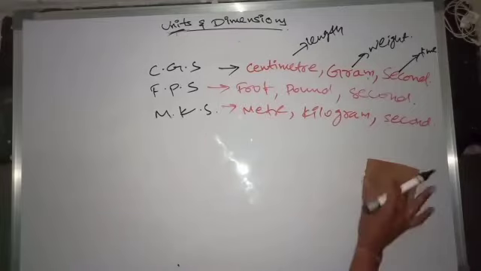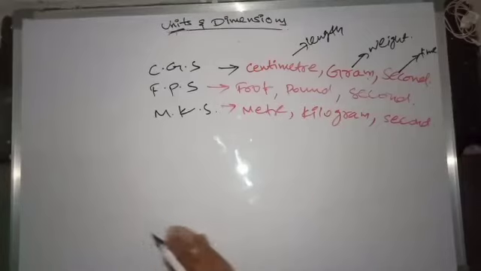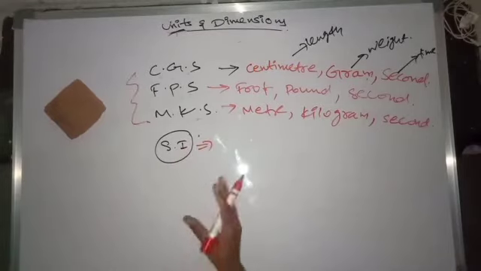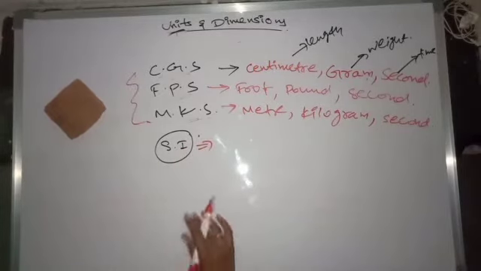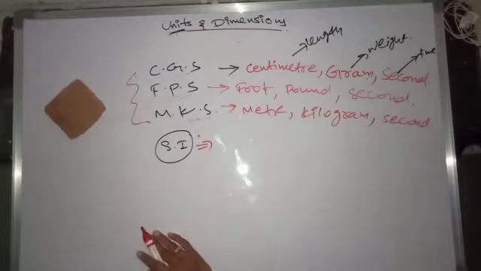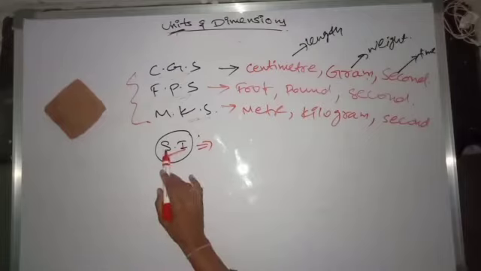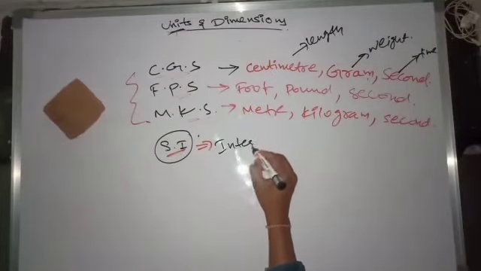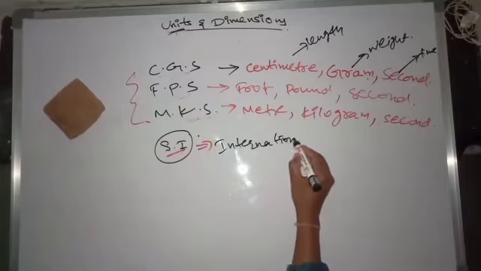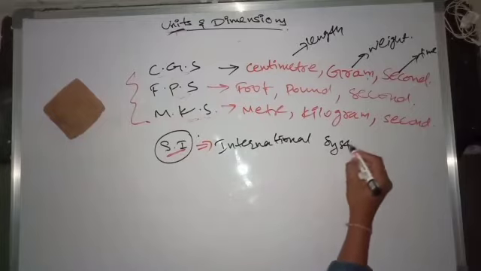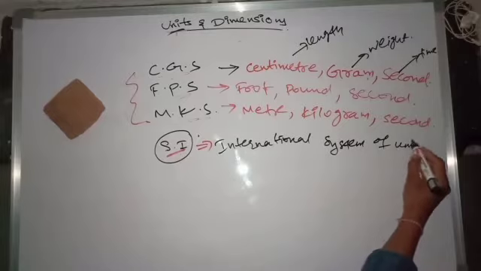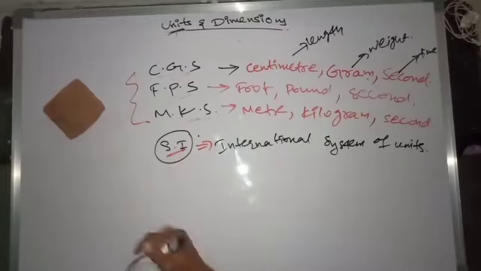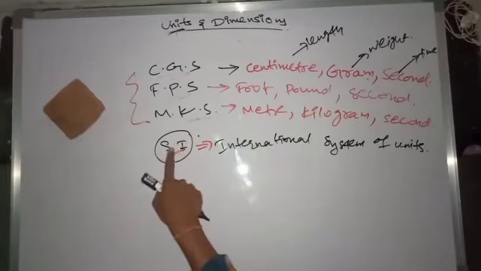But at present, the system of units used is the SI system of units. A general body decided on following a single system of units, which is the SI system, known as the International System of Units. This is abbreviated as SI, with no full stop in between.